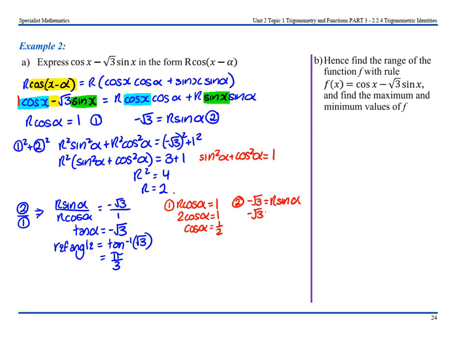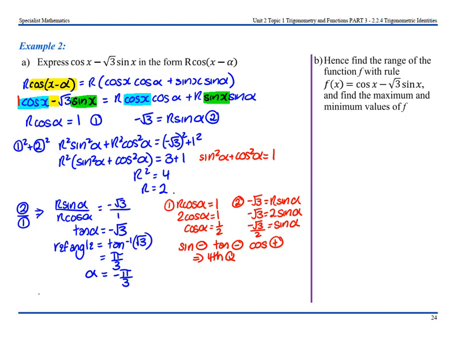So negative root 3 equals 2 sine alpha. So negative root 3 on 2 is sine of alpha. Okay, so we have that sine is negative, tan is negative, and cos is positive. That means we have to be in our fourth quadrant. So coming back to here, our alpha has to be negative pi on 3, being in our fourth quadrant.